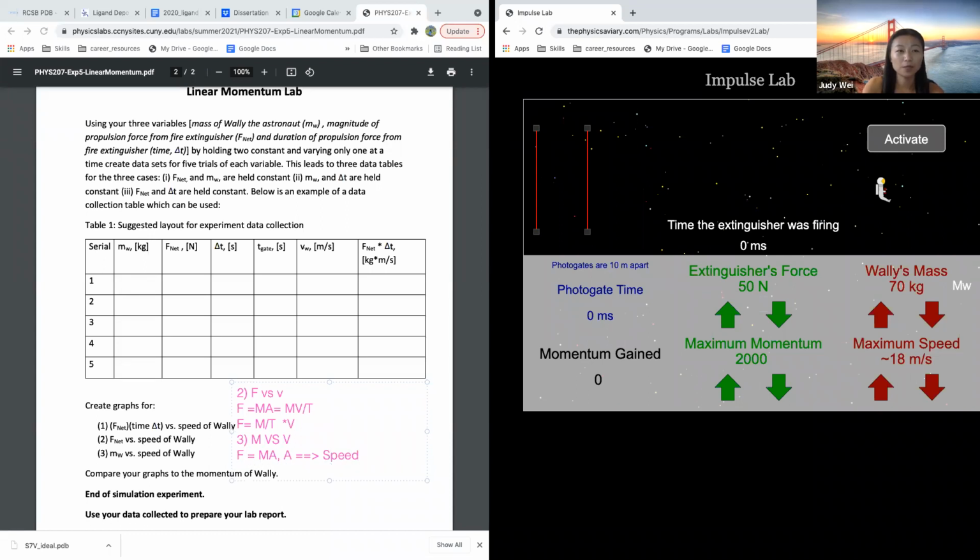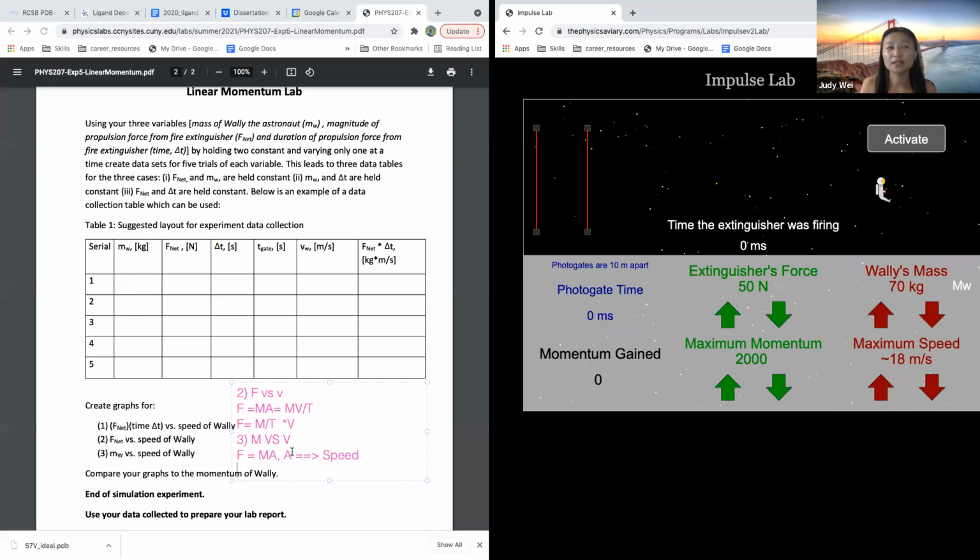When F is constant and we increase M, let's say we increase M, F would be increasing. But we keep the F constant. So when we increase M, A has to decrease. When A is decreasing, that means the speed is increasing less. It's not increasing that much.